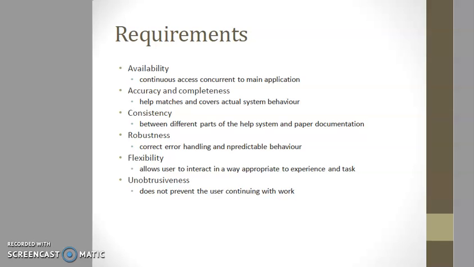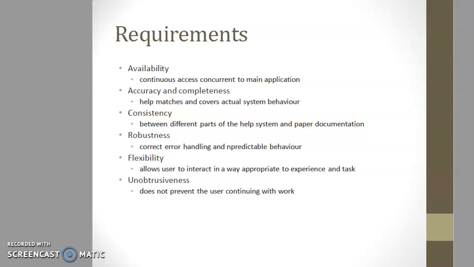First is availability. The user needs to be able to access help at any time during his interaction with the system. In particular, he should not have to quit the application he is working on in order to open the help application.